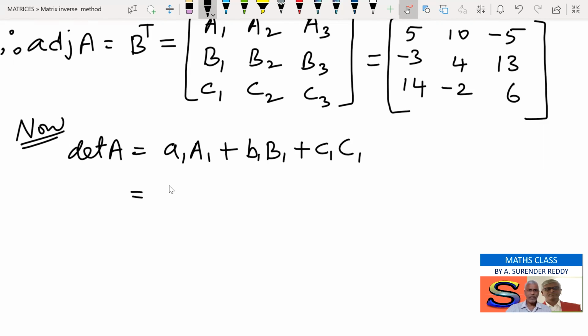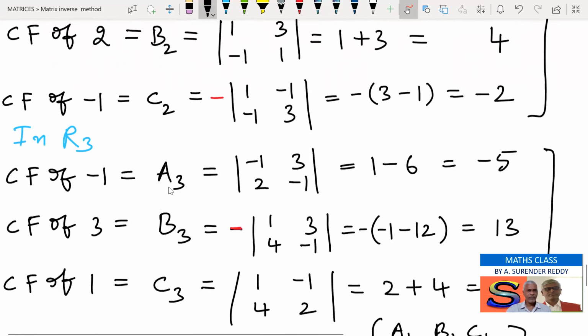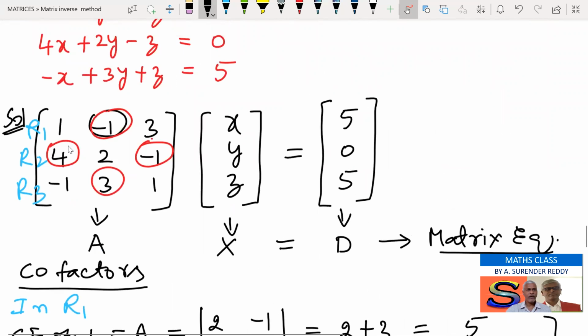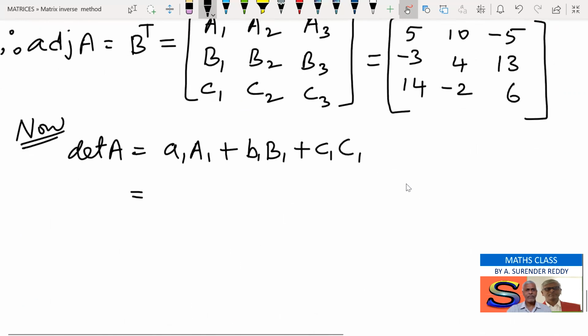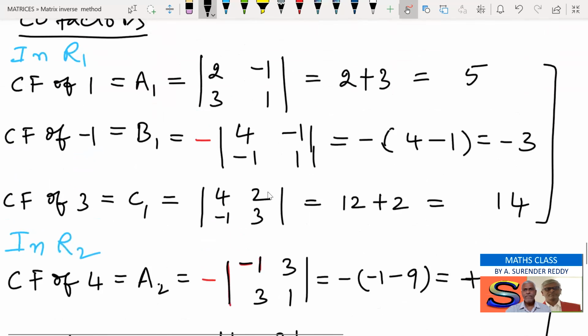So the first row elements are 1, minus 1, 3. Let us take the first row element 1 and its cofactor is 5. So 1 into 5. Second element minus 1 and its cofactor is minus 3.